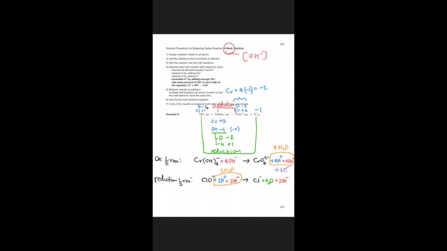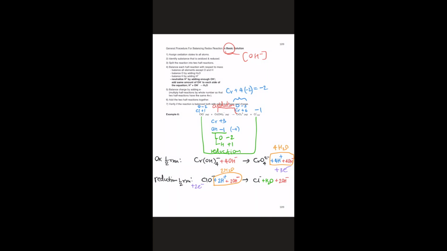The reason why it's 2 electrons is because it's going from positive 1 to 0. That's the first electron that is received. And when it receives one more, it's going from 0 to negative 1. Therefore, in this case, we will need to add 2 electrons on the reduction half equation. Okay, so we're going to add 2 electrons on this side.